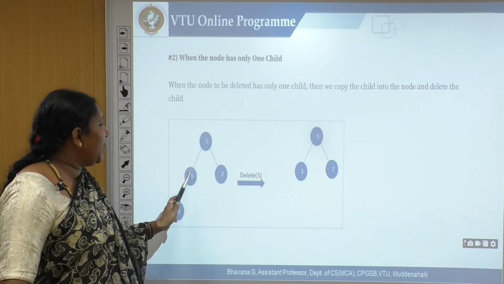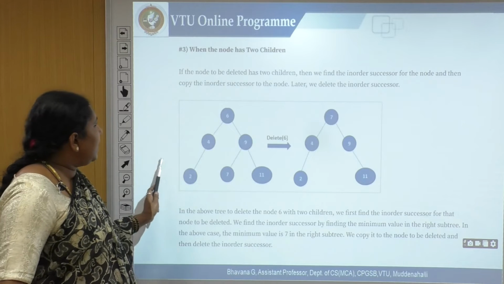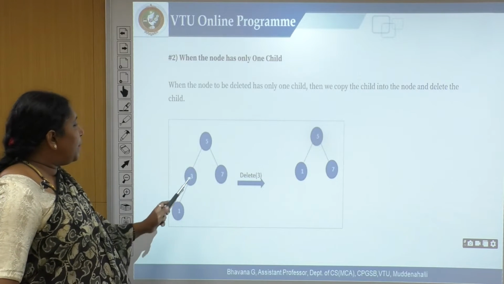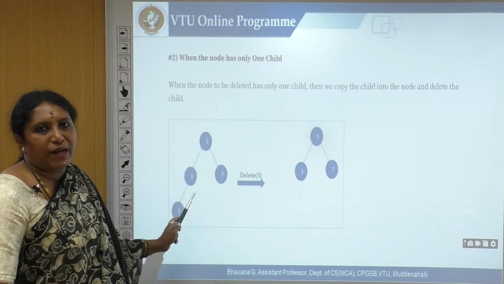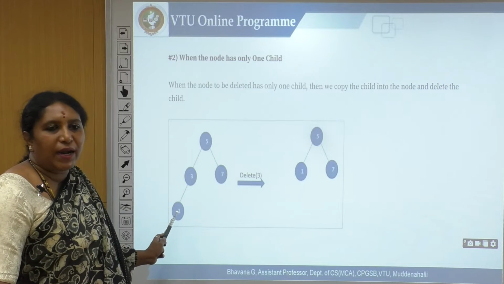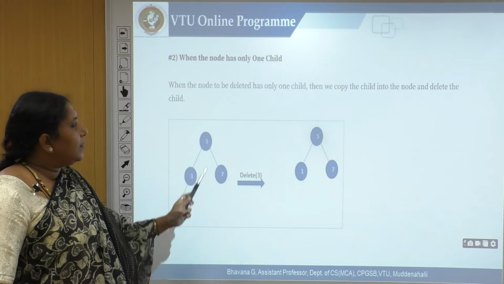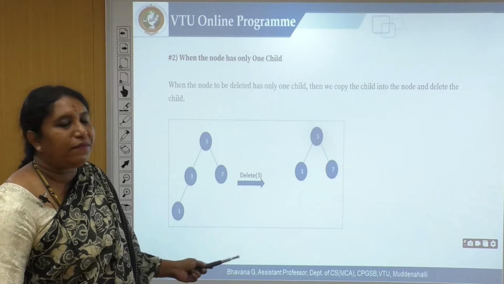So 1 will be placed in the 3 position and I can delete the element. Okay, this is what happens when a node has one child. If there is one child, I have to replace that particular node with its child and then delete the node. This is the second option, when a node has only one child.